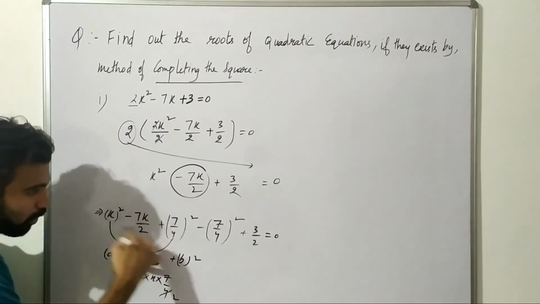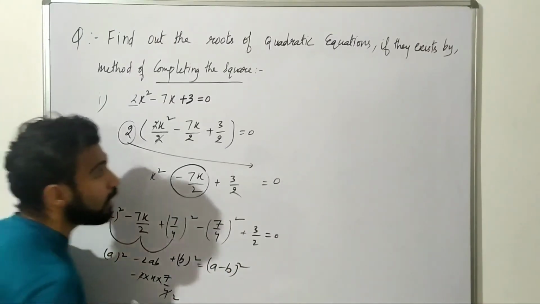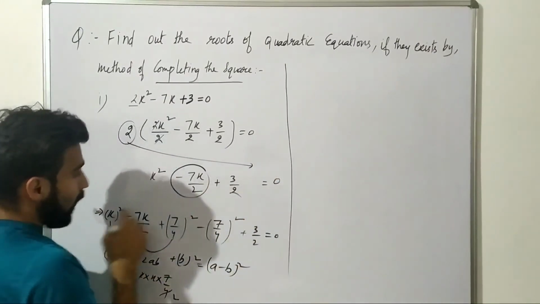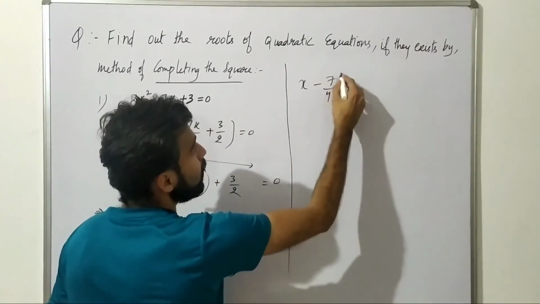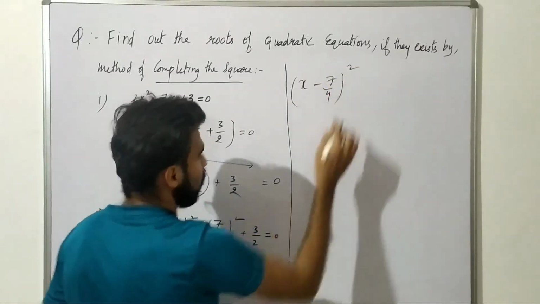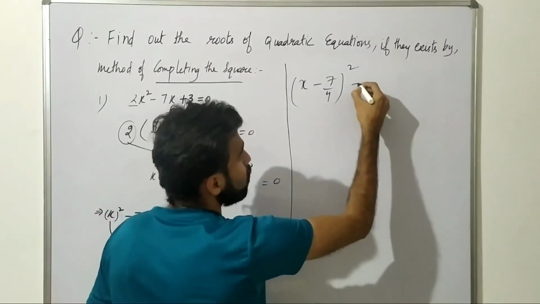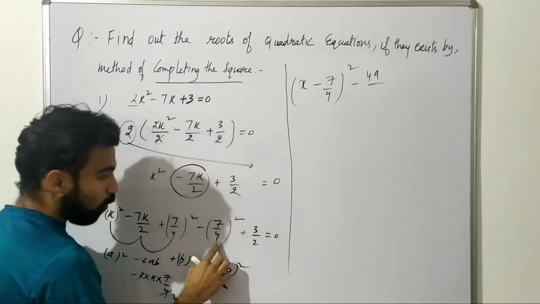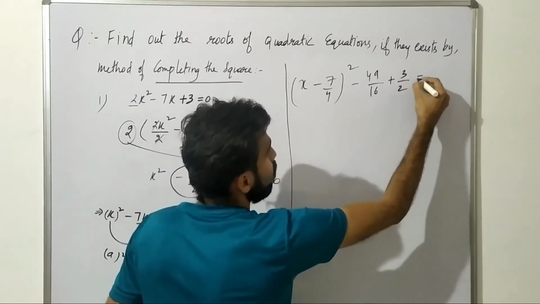So this whole structure is simply a minus b whole square. Applying the same here, that will be x minus 7 by 4, a minus b whole square. Further, if I simplify this, 7 square is 7 cross 7, that is 49, and 4 square is 16. So further, plus 3 by 2 equal to 0.